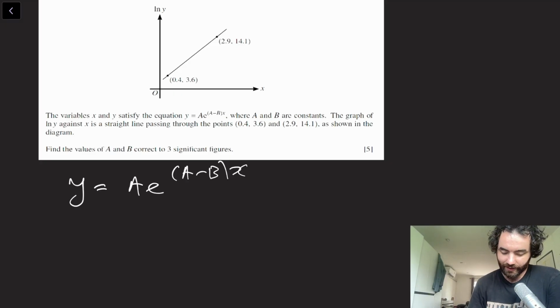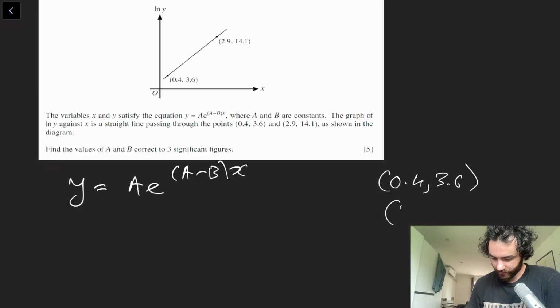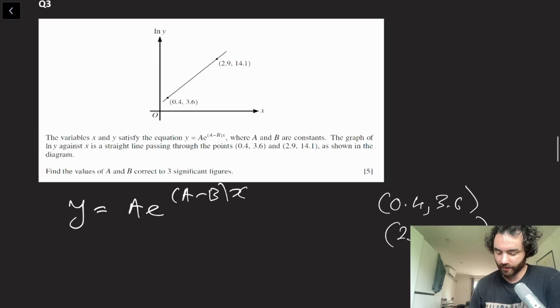The graph is of ln of y, so that's important. It's ln of y versus x. The straight line passes through these points: we have these points here, (0.4, 3.6) and (2.9, 14.1), that the line passes through.